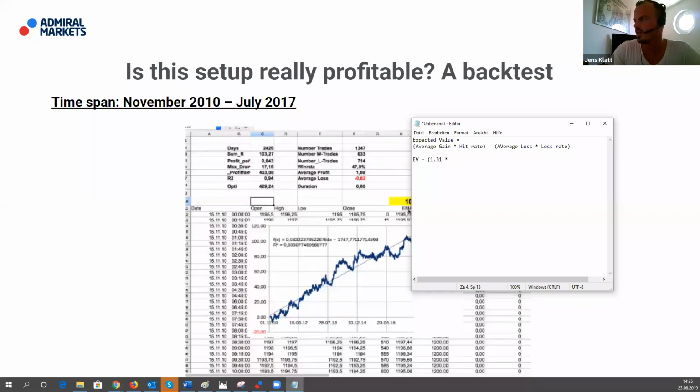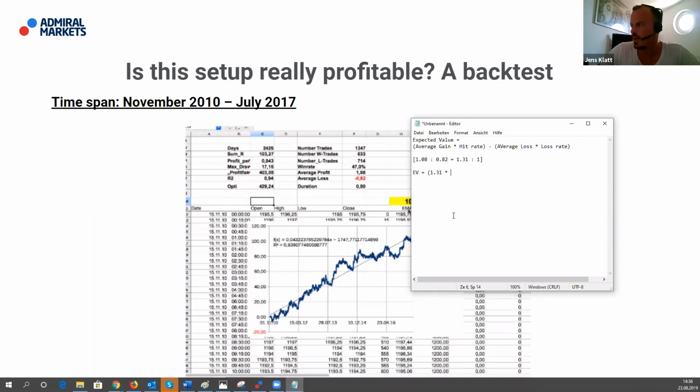So I do the following calculation: 108 divided by 82, and then you get 1.3121. These are the numbers I'm working with here. So this is where I get 1.31 from.